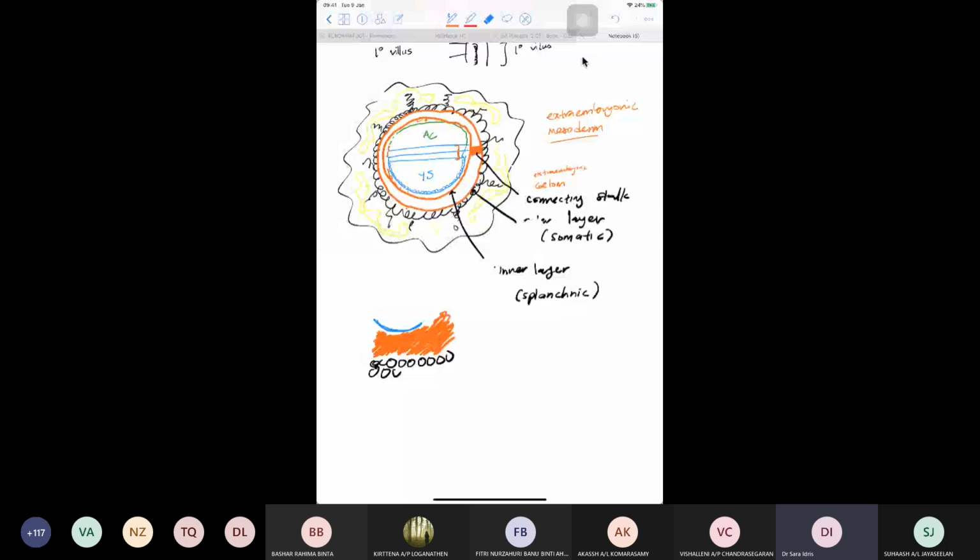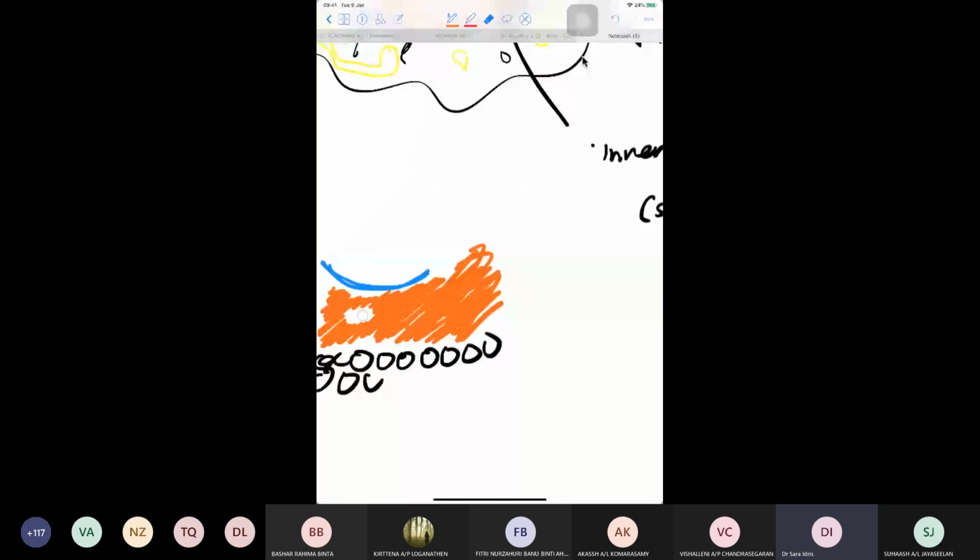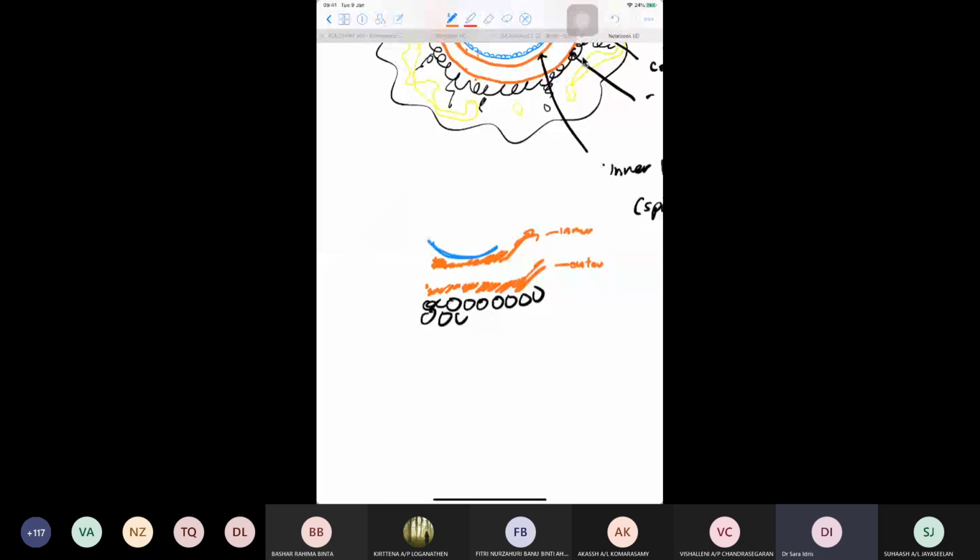So you have coelom in this area here that will give off spaces, and eventually this coelom will come together through coalescence, and then you have the two layers of extra-embryonic mesoderm, the outer and the inner, and now you have a cavity in between them. This cavity here is called the chorionic cavity.